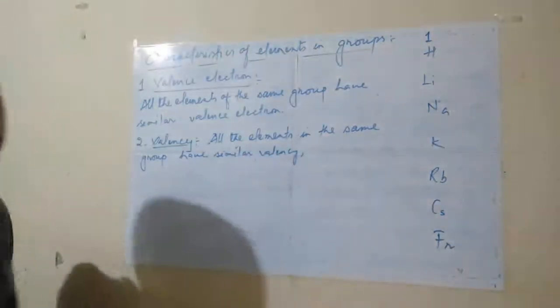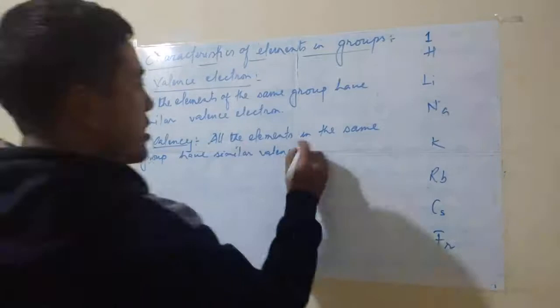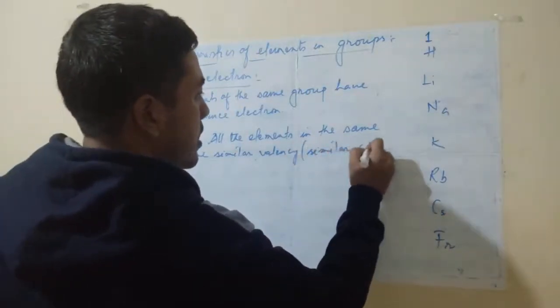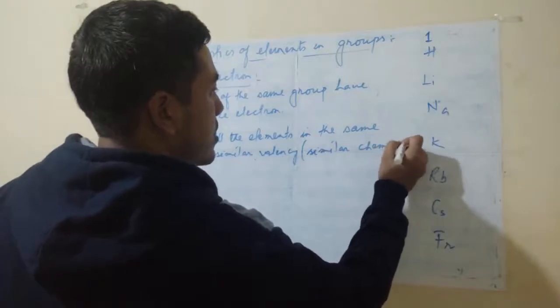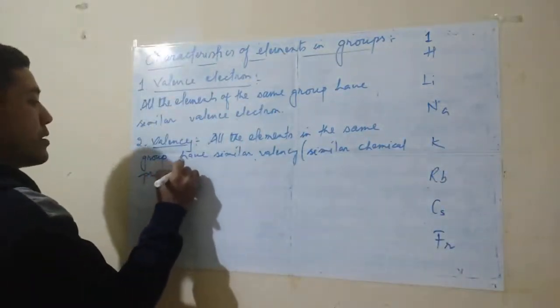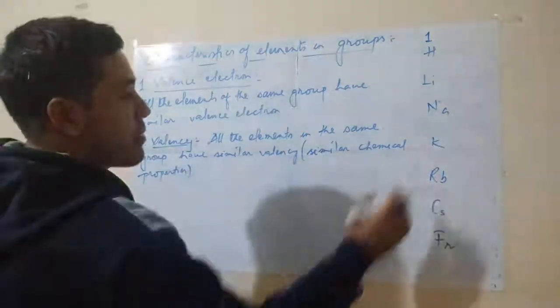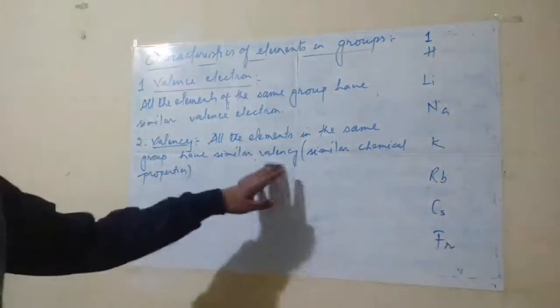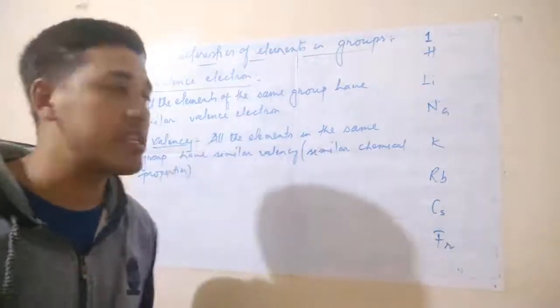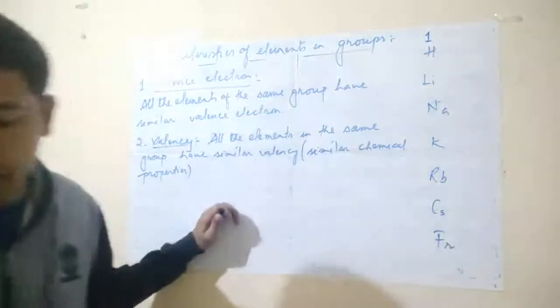If the valency is similar, then what happens? I will write here: similar chemical properties. The chemical properties of the elements depend on the valency. That's why, if the valency is similar, the chemical properties will also be similar.